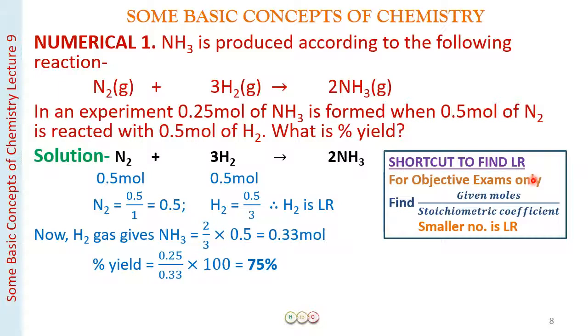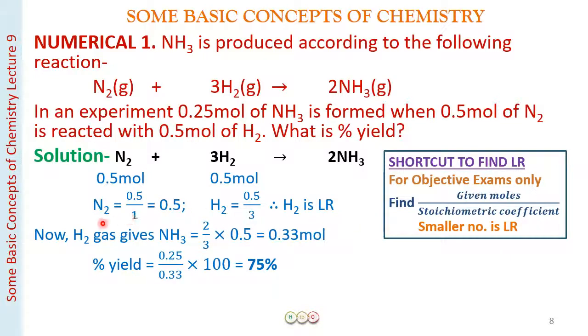For the objective exams, what you do is, to check the limiting reactant, divide the given moles of the reactant which is given in the question by the stoichiometric coefficient. And whatever number is small, that would be the limiting reactant.